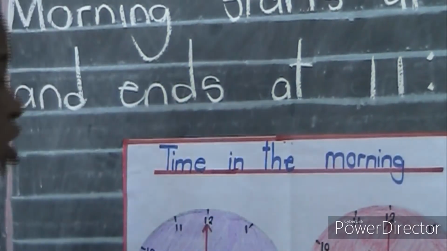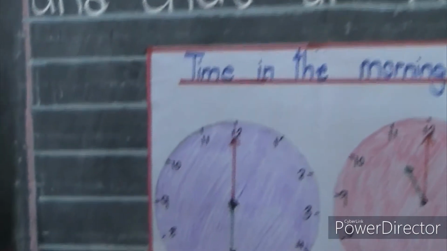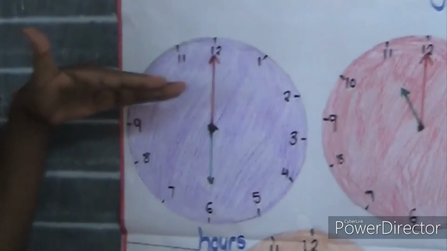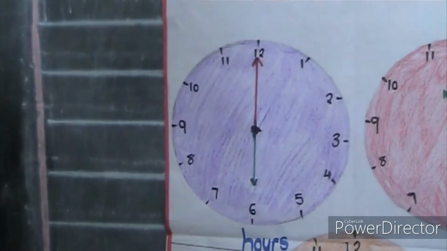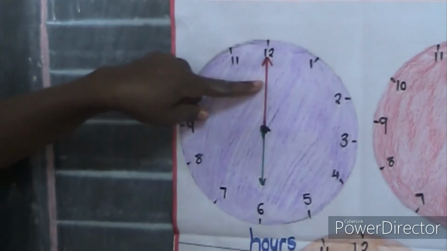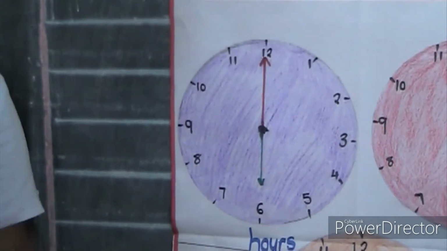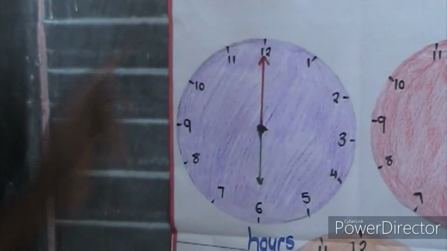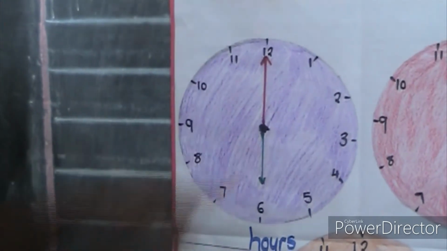So here on the chart we've got about 3 clocks that are showing time in the morning. The first clock is in a purple color. We said that when telling time you're supposed to follow where the shorthand is pointing. We've got 2 hands here on the clock, the red one and the green one. Therefore the green one is the shorthand.